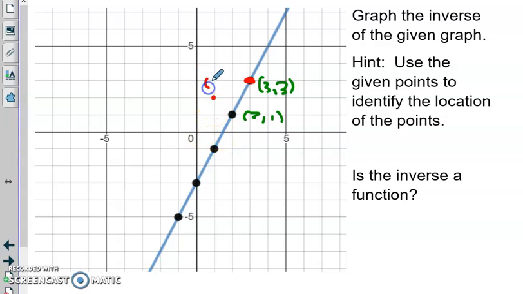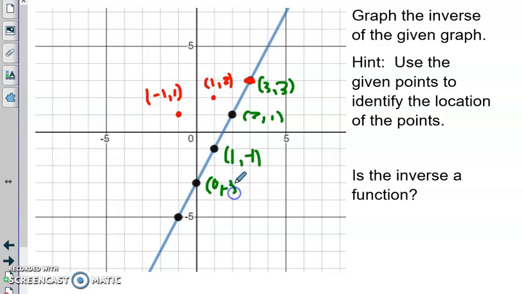The next point is at 1, -1. So its inverse point would be at -1, 1. Next one's at 0, -3.